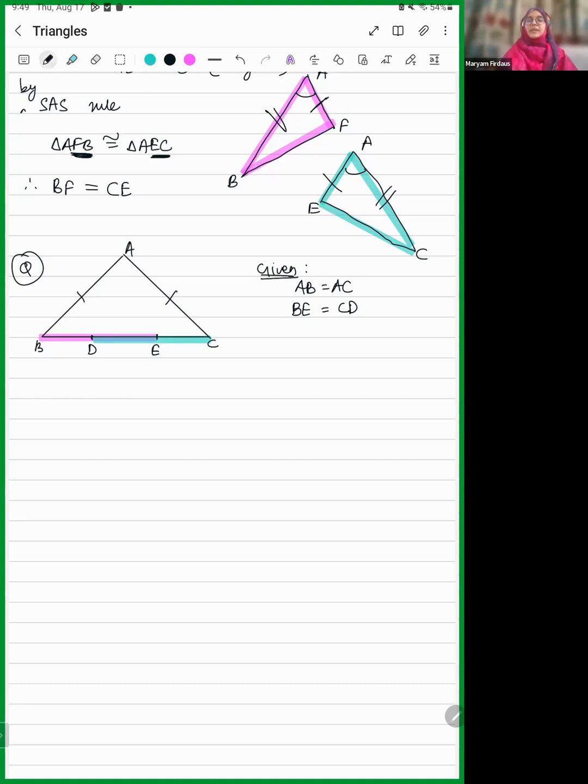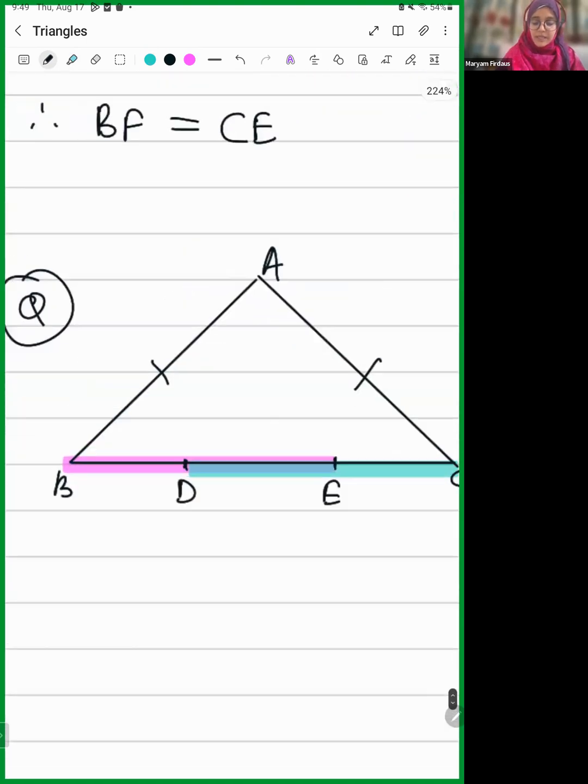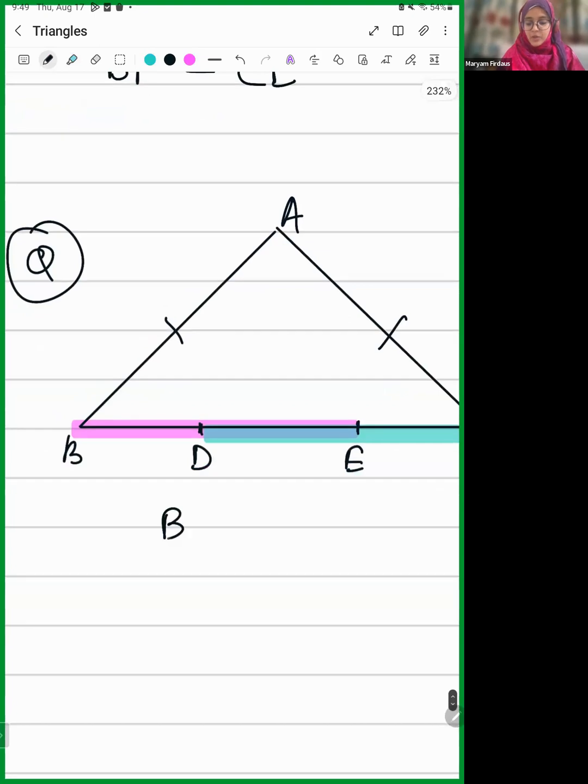So we have BE equals CD, right? But look at this pink portion. Let me zoom it in. BE is equal to the sum of two distances. What is that?